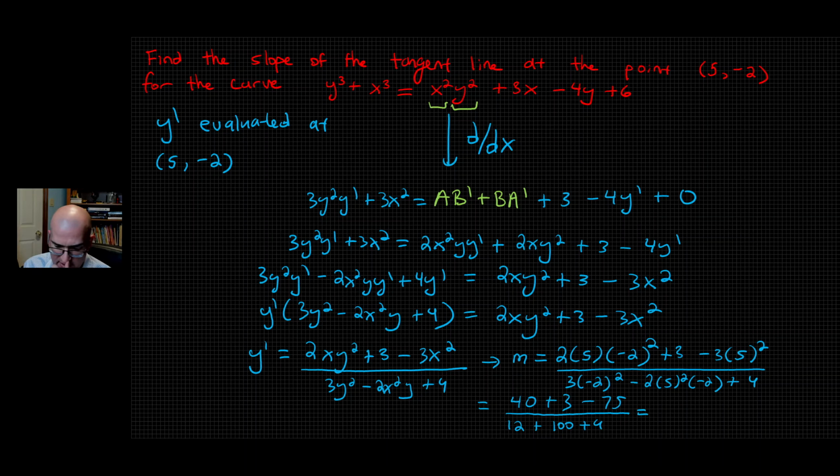So what we will get is negative 32, I think, and then divide by 116, and then we can divide top and bottom by 2, we'll get negative 16 divided by 58, and we can divide that by 2, negative 8 divided by 29. Okay, next question.